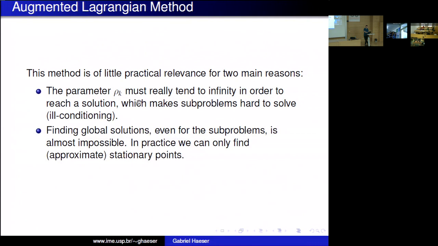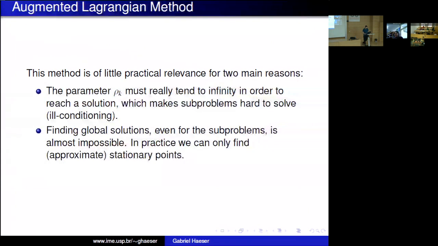If rho_k goes to infinity, these subproblems are very hard to solve because of ill conditioning, and finding global solutions is almost impossible. So what we can do in practice is only find approximate stationary points, even for unconstrained problems.